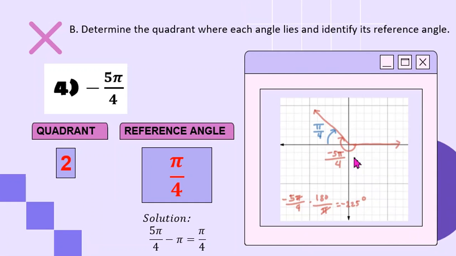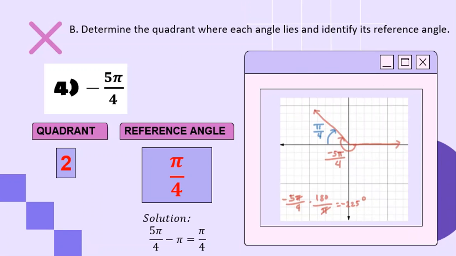So by subtracting pi from 5 pi over 4, we'll know the amount of rotation that exceeded from the x-axis. So that's pi over 4, or 45 degrees. So that's the reference angle.